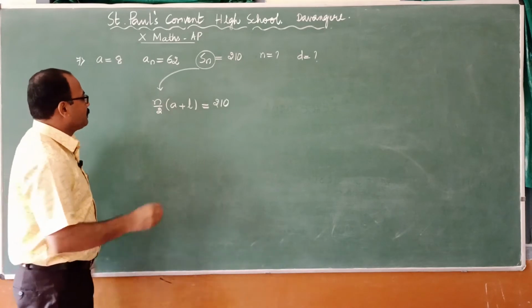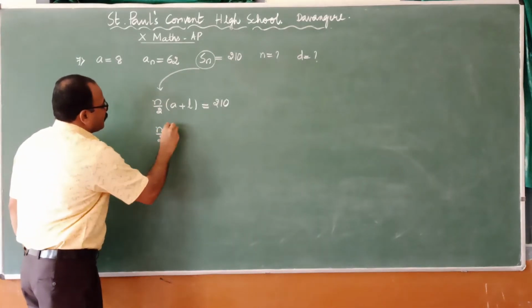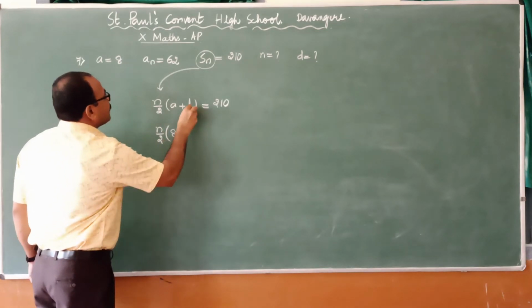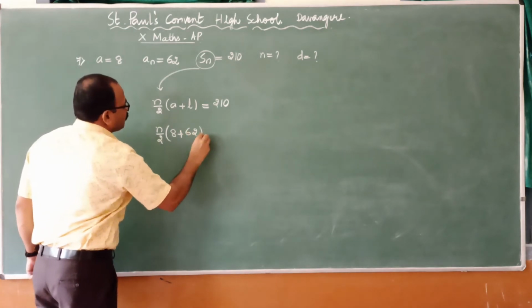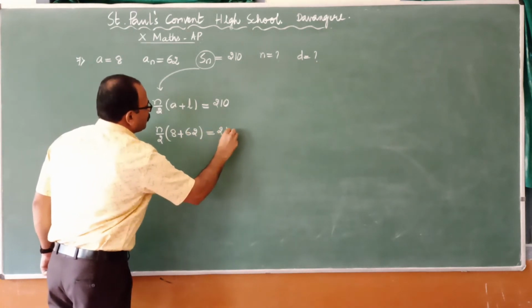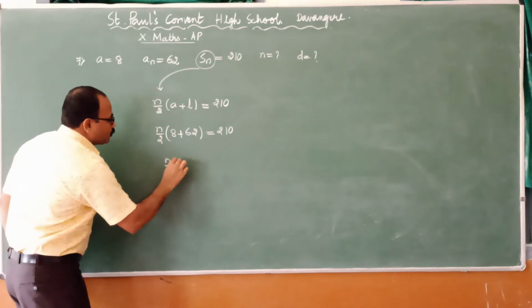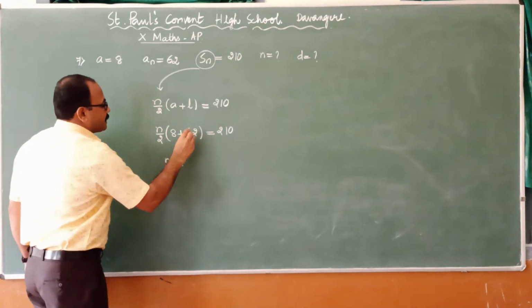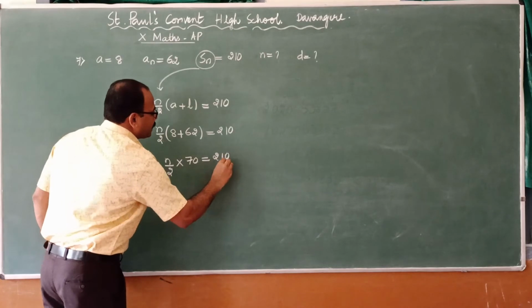Therefore, this is suitable. n by 2 into (a is 8 and l is the last term 62) will be equal to 210. n by 2 into 70 will be equal to 210.